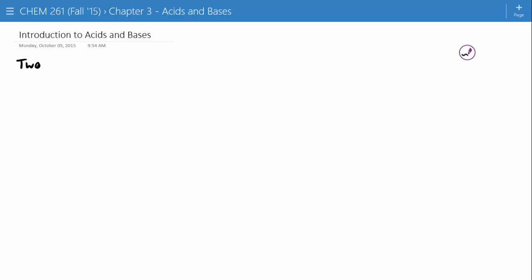Originally, acid-base theories developed in 1923. And there were two different competing sets of theories. The first one was created by two chemists, Bronsted and Lowry.